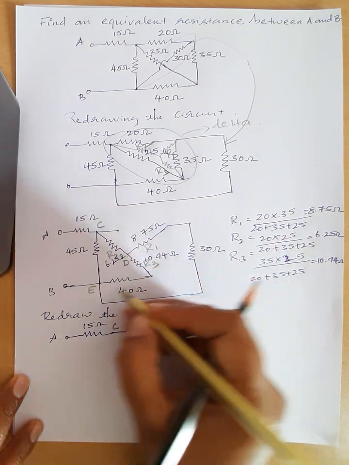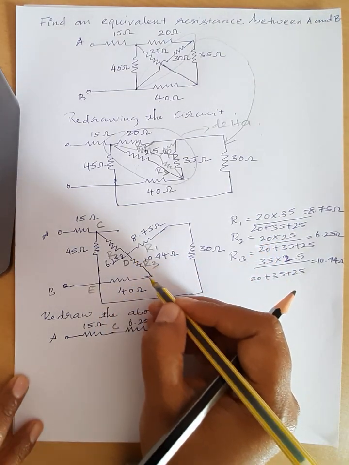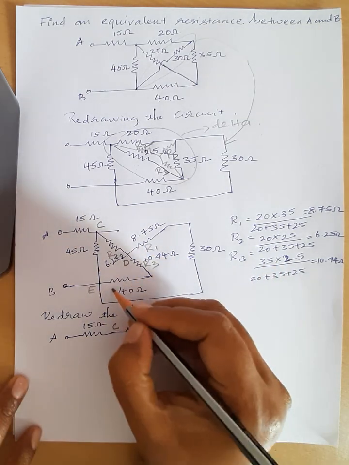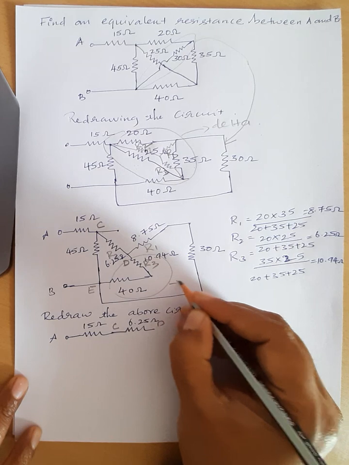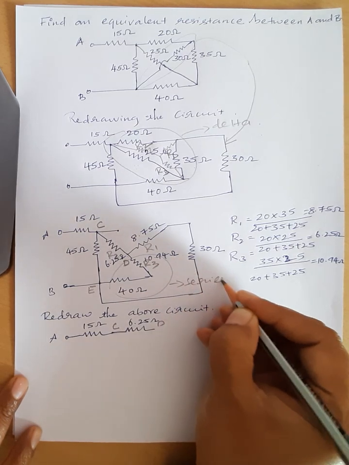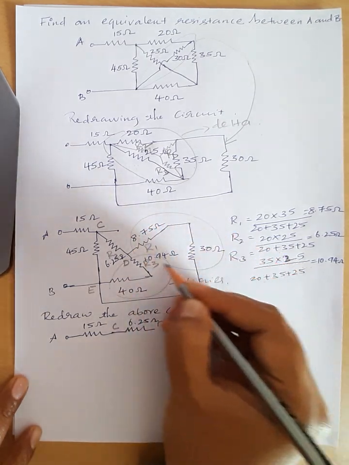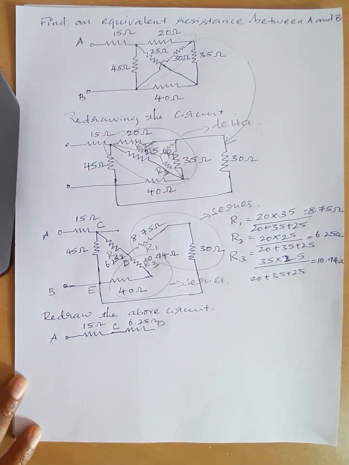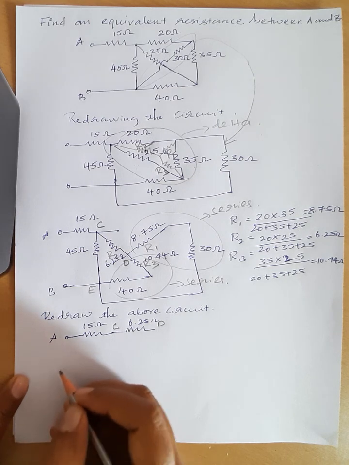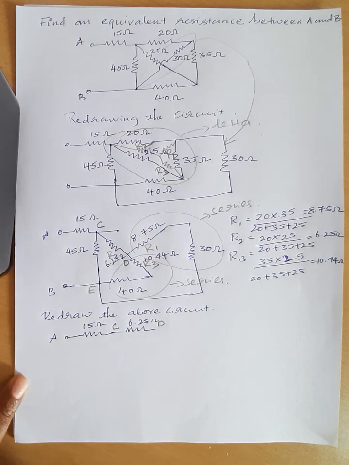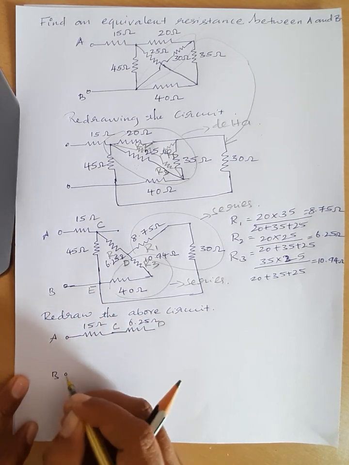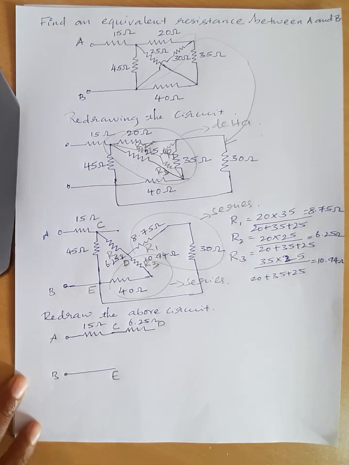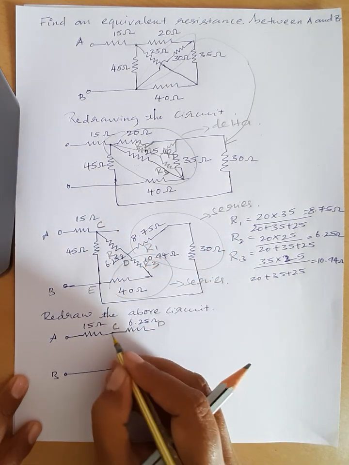And D to E, if you observe, you have 10.94 and also 40 ohms, which are both in series. These two will make a series combination. Similarly, these two will also make a series combination. Let us mark this as B to E. I have taken here B. Now if you observe C to E, you have 45 ohms.